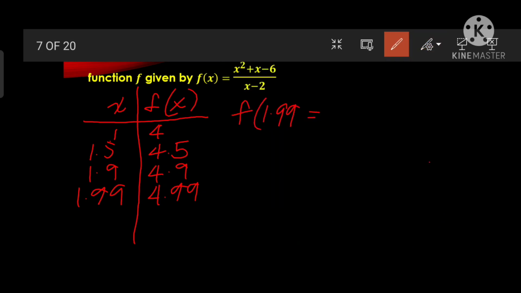Okay, that's it. Then again, let's choose another value of x closer to 2 than 1.99. Let's add one more digit to the right-hand side.